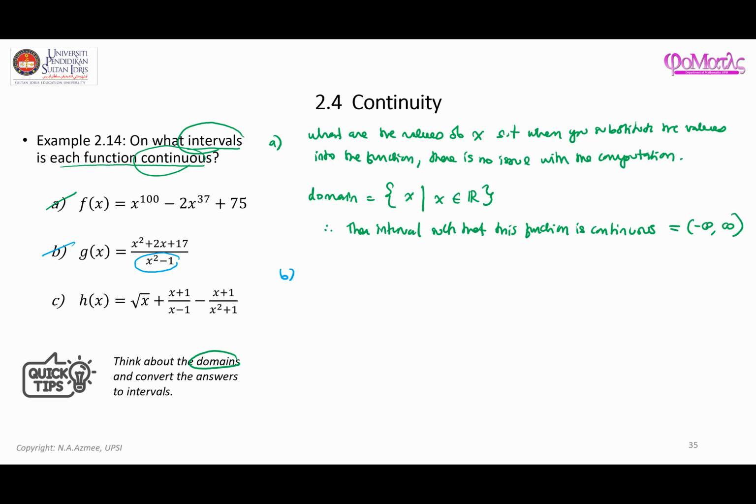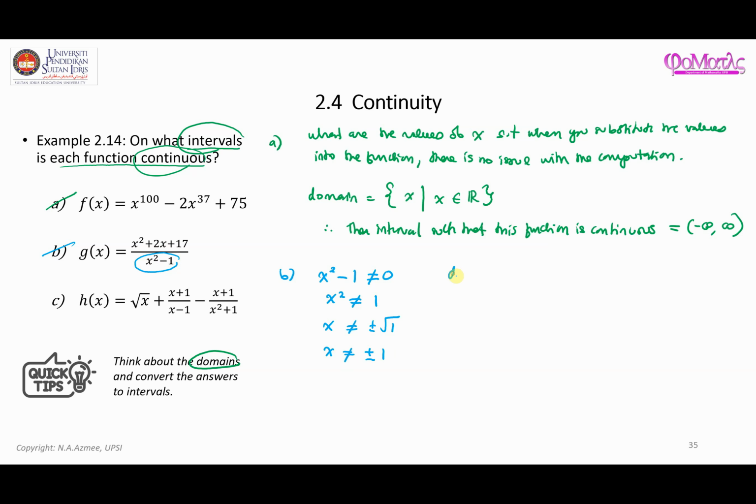So we want x squared minus 1 not equal to 0, so x squared is not equal to 1, and x cannot be equal to plus or minus the square root of 1. Therefore x cannot be plus or minus 1. If you substitute 1 or negative 1 into this function, the denominator will be 0, and you will have an issue with the computation.